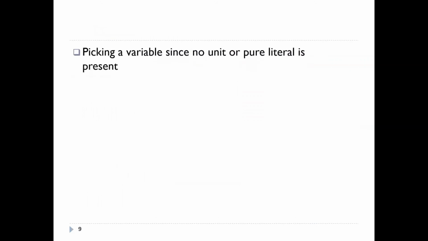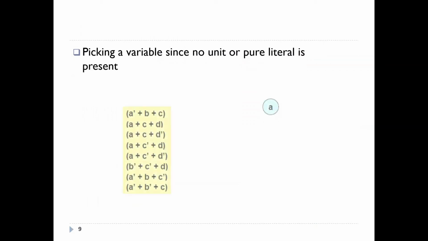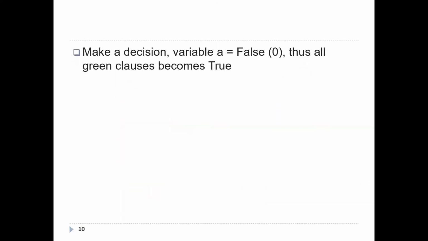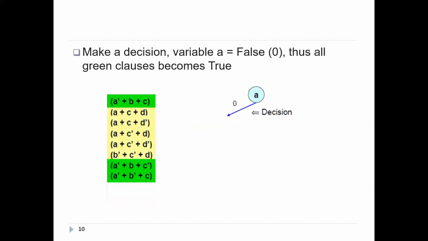Now, since we know that there are no unit or pure literals present in those clauses, what we're going to do is look for a random variable, say A, and assign it a value. Suppose A is equal to false. As soon as we apply that value, we see that all the green clauses become true.